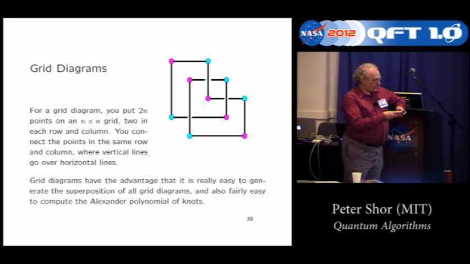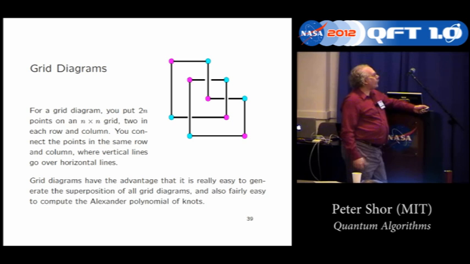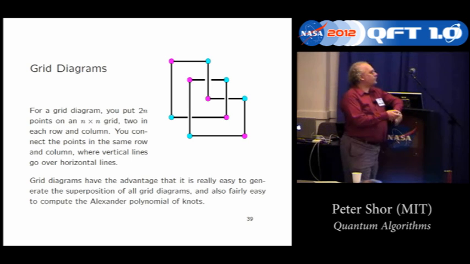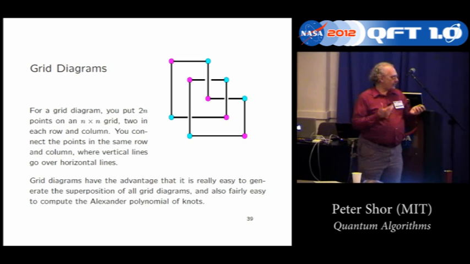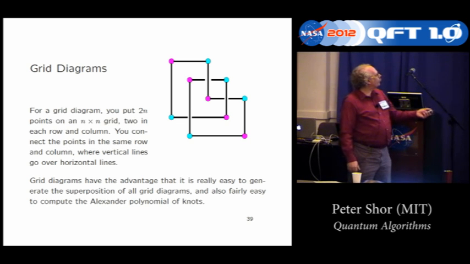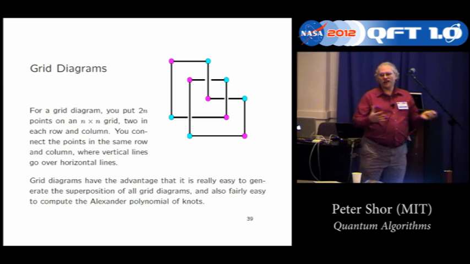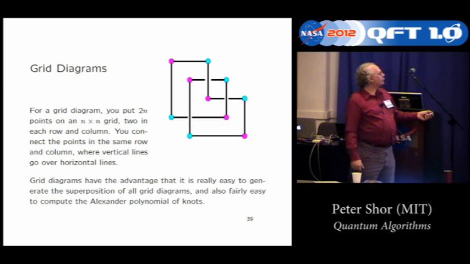But if you have the equal superposition, applying one of these moves doesn't change it. If you don't have an equal superposition, and you can show that these moves give a rapidly mixing Markov chain on the grid diagrams, then you can show that there's a unique quantum state, which is the quantum money, and anything that passes the verification test has to be close to this quantum money state.